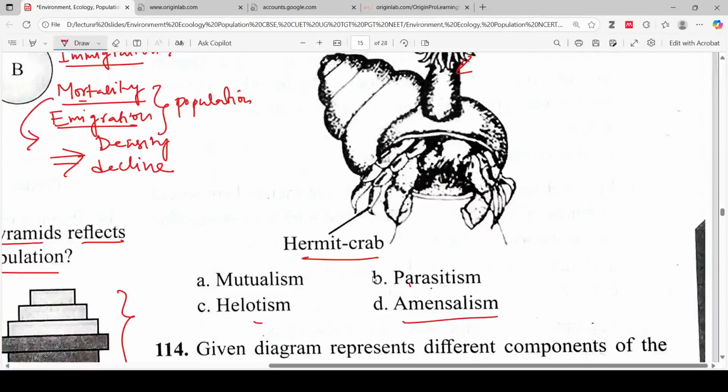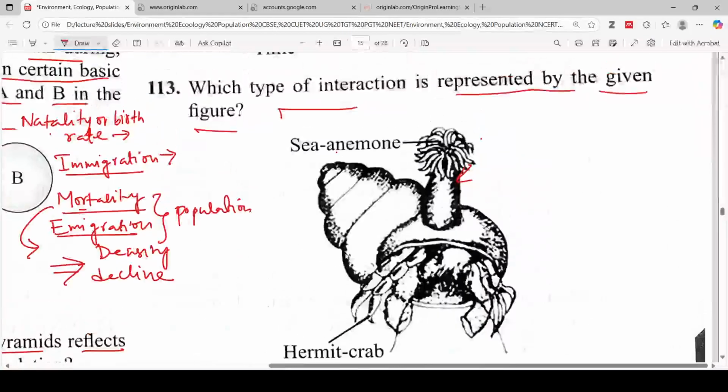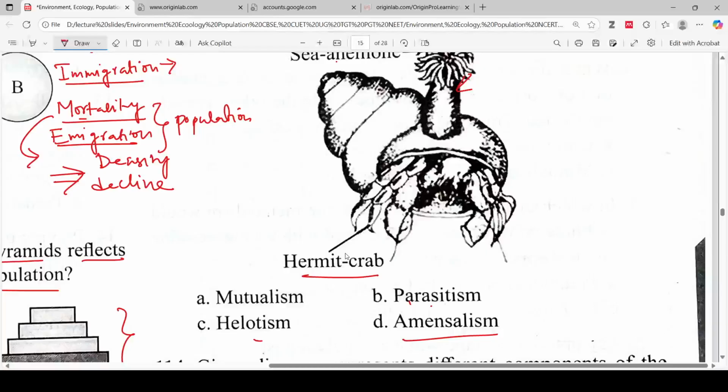So the correct answer will be option A, mutualism. So mutualism will be the correct answer.